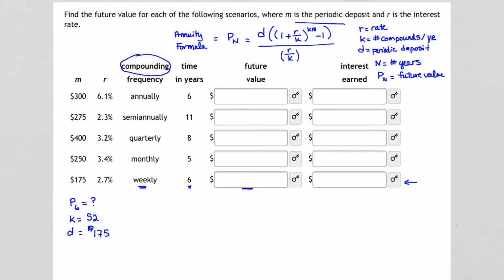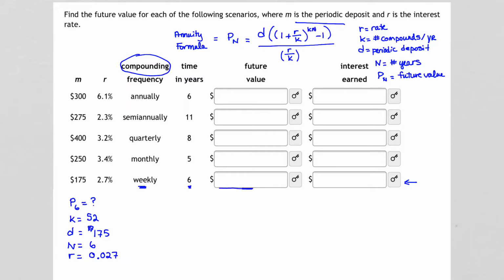So every week we're investing $175. N, we already said, is 6 years. And P sub 6, we don't know that. Oh, interest rate, sorry, I forgot the interest rate. Our interest rate is 2.7%, or 0.027. So that's all the letters we need in our formula, and now we can begin.